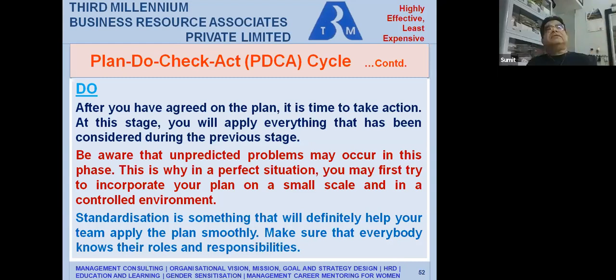So what you get is, assume means as of you and me both. It can create huge confusions. So please do not assume anything. Check, right? So make sure that everybody knows their roles and responsibilities.